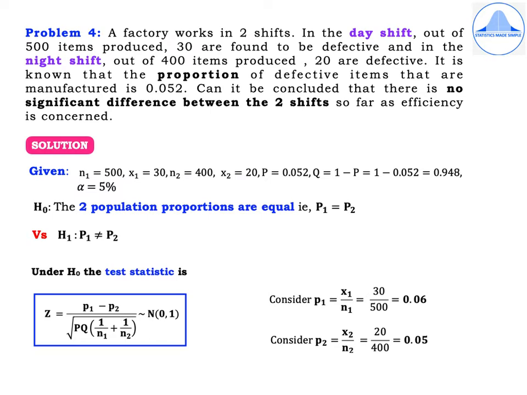Then let us calculate P1 and P2. So P1 is x1 by n1, which is 30 by 500, which is equal to 0.06, and P2 is x2 by n2, which is 20 by 400, that is equal to 0.05.